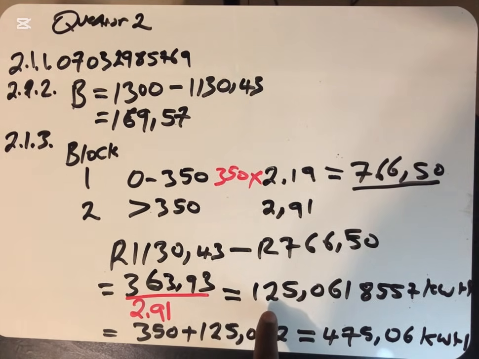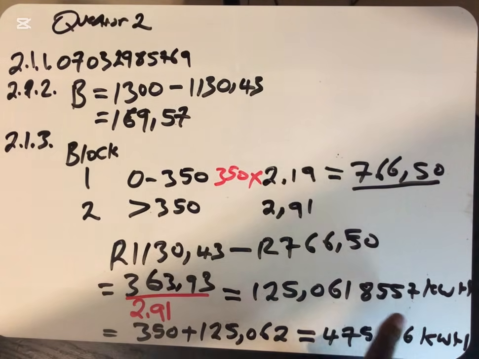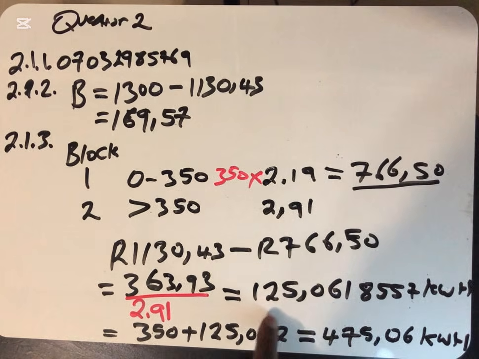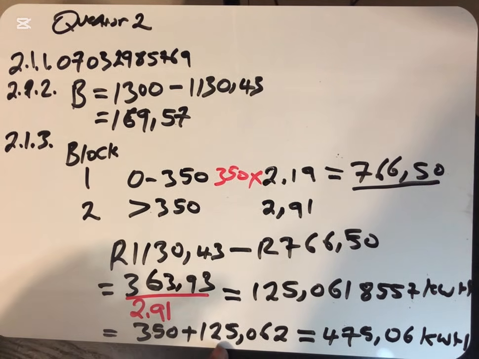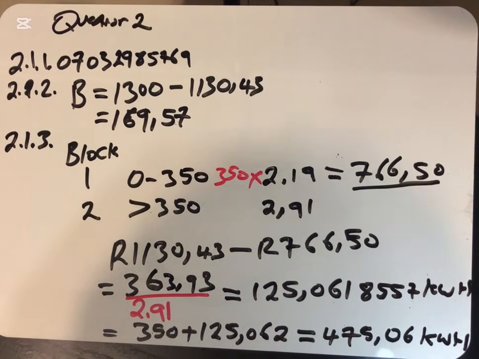And then it gives us 125.0618557 kilowatt hour. This is the amount of kilowatts they've used in block number 2. And then you say this 350 from block number 1 plus this 125 from block number 2, combined, they give us 475.06 kilowatt hour they've used for electricity.